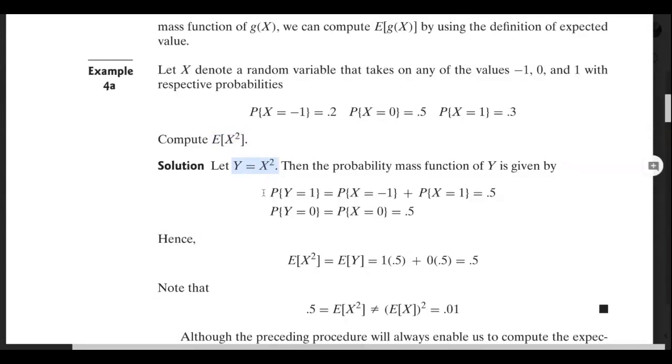Let Y be X squared. Then the probability mass function of Y is given by: the probability that Y equals 1, that is X squared is 1, equals the probability that X equals -1 plus the probability that X equals 1.